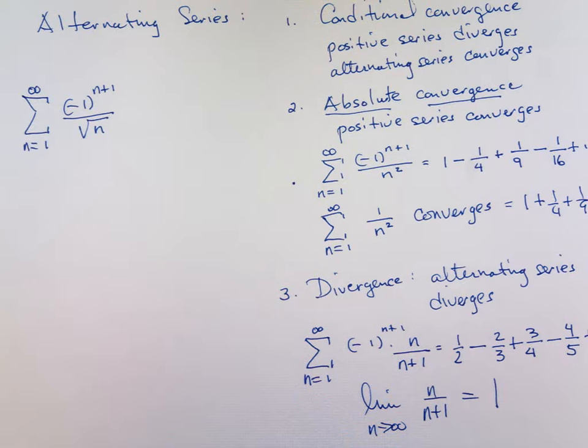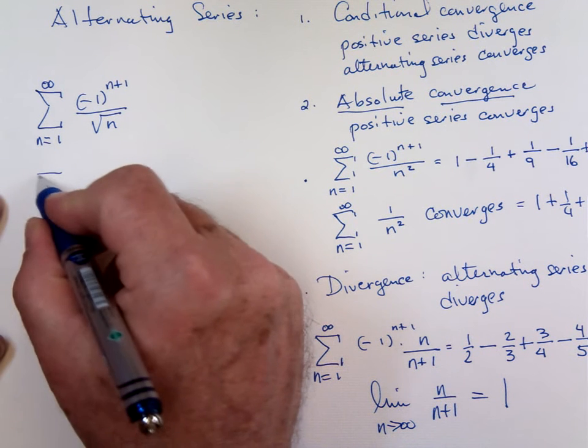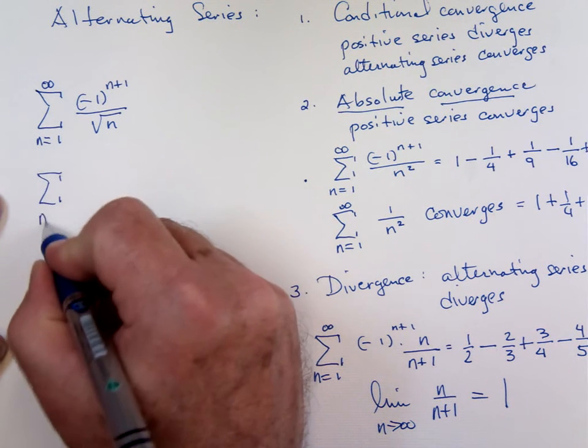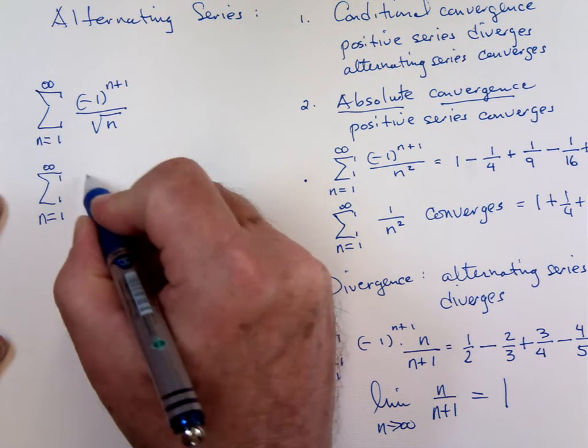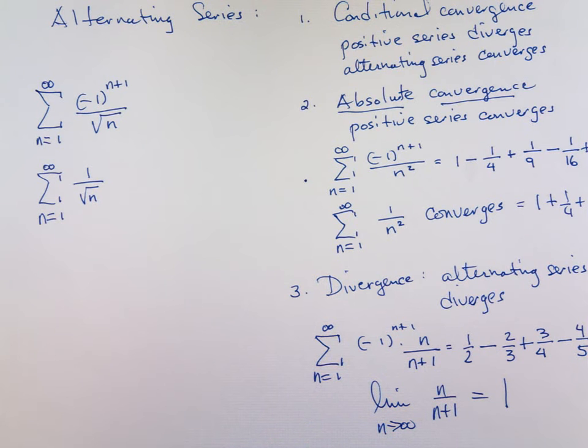Well, let's check it out. Let's see if he is correct. What do you do here? The first thing to do is look at the positive series, because if the positive series converges, we're done. There's nothing more to do. It's absolutely convergent. So you look at the positive series. Does it converge or diverge?